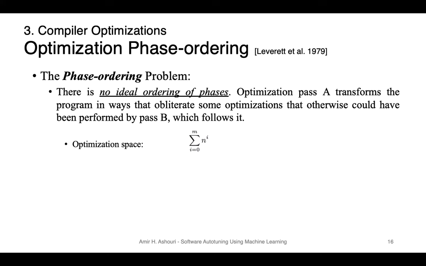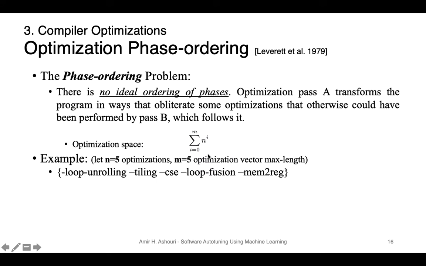Also, when you apply optimization B after A, it might obliterate some of the advantages that A could have provided, right? So you have to make sure that the way you apply your optimization doesn't affect the prior one in your pass. So you see that the optimization space is way, way larger than what we had in the selection problem.